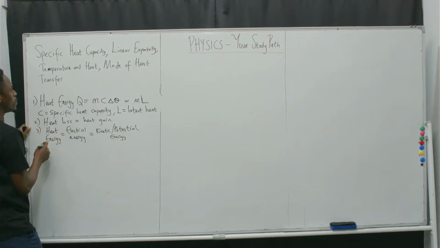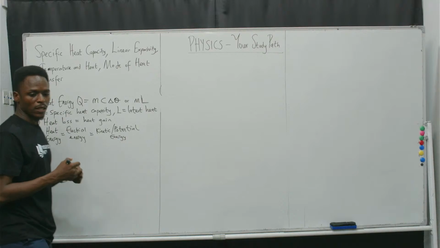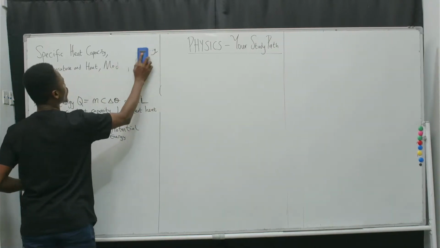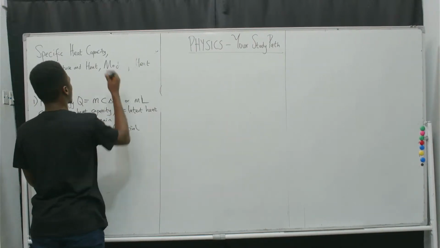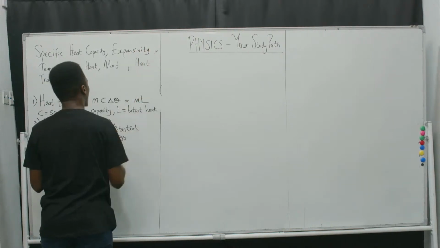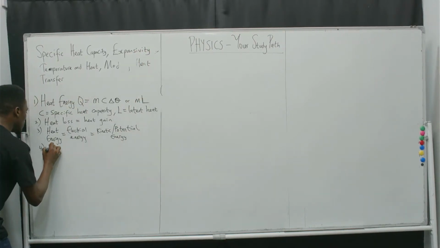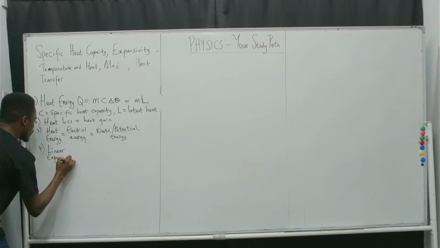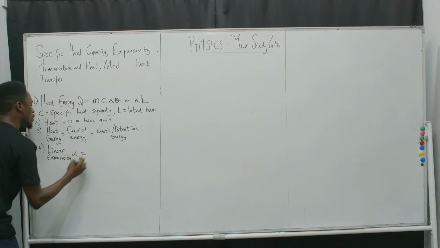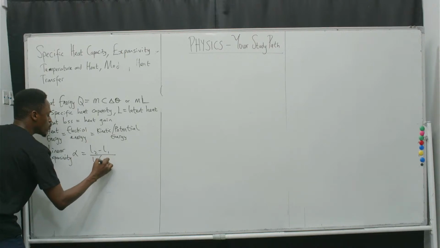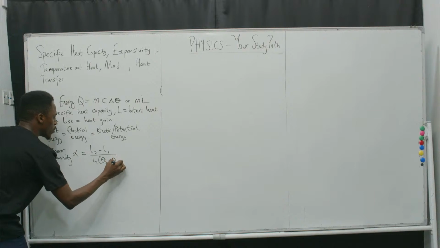With respect to the linear expansivity part, let's take it as the general approach of expansivity, expansion. Under this, we have the linear expansivity, alpha, which is equal to (L2 minus L1) over L1 times (theta 2 minus theta 1).